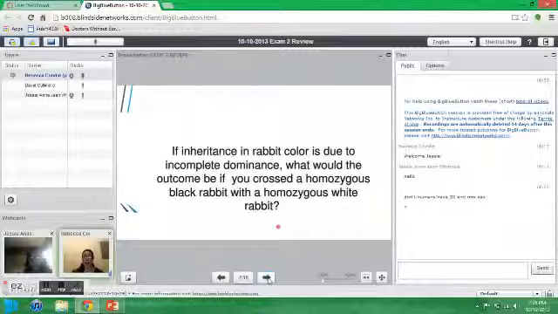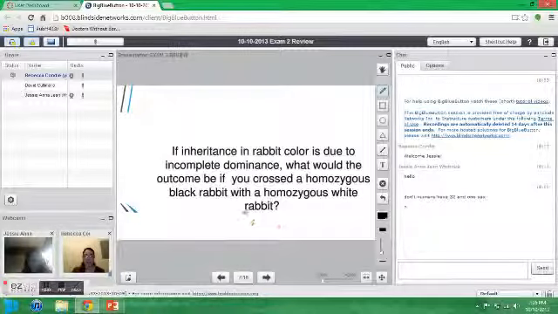Alright, so into genetics. If inheritance in rabbit color is due to incomplete dominance, what would the outcome be if you crossed a homozygous black rabbit with a homozygous white rabbit? Spotted black and white, right?